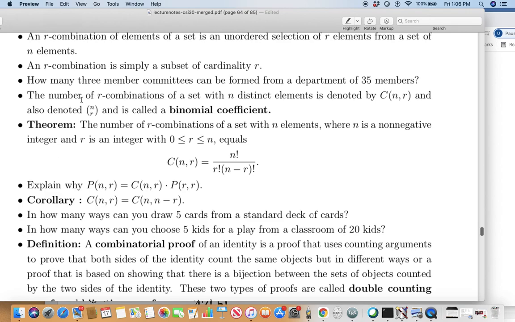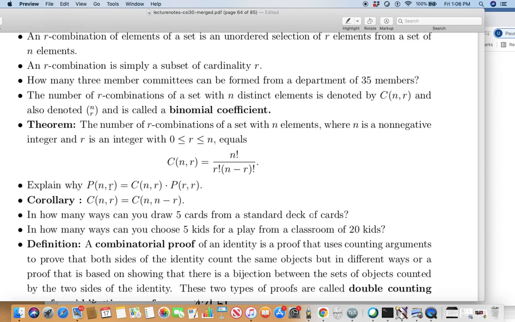Okay. The number of r-combinations of a set with n distinct elements is denoted by C(n, r). Also denoted within parentheses, n above r below. It is called a binomial coefficient. The number of r-combinations of a set with n elements, where n is a non-negative integer and r is an integer with 0 ≤ r ≤ n, is C(n, r) = n factorial over r factorial times (n minus r) factorial.